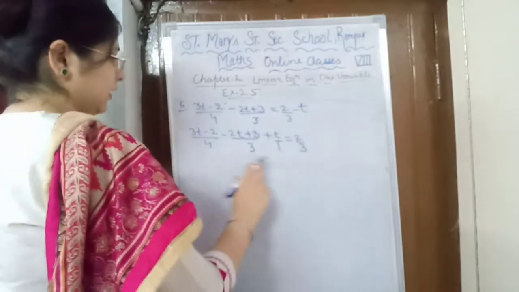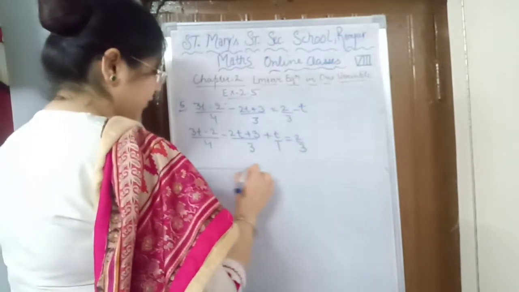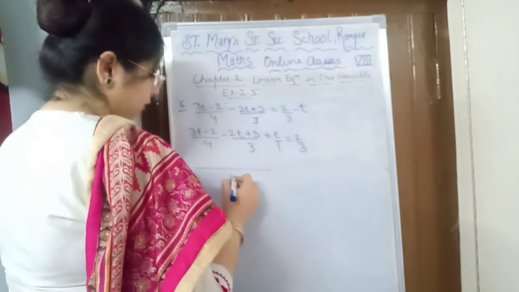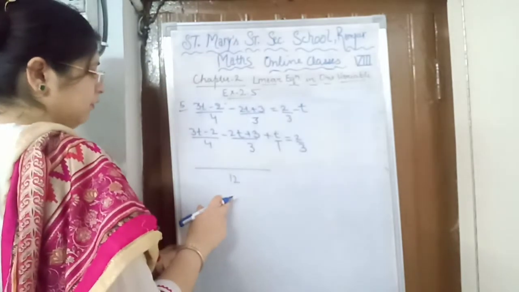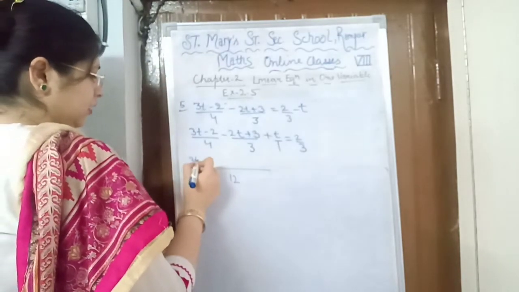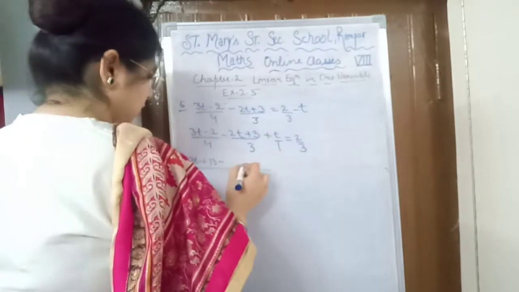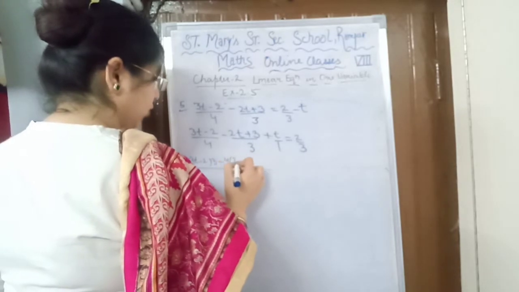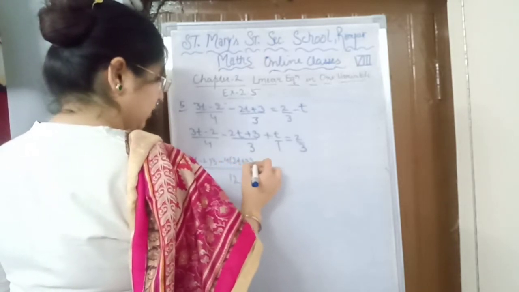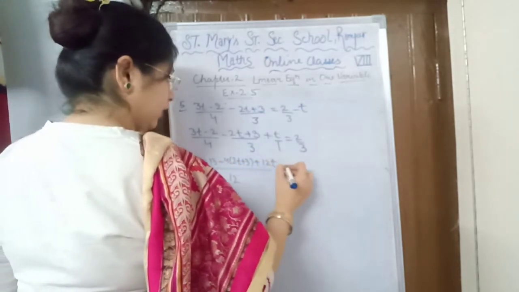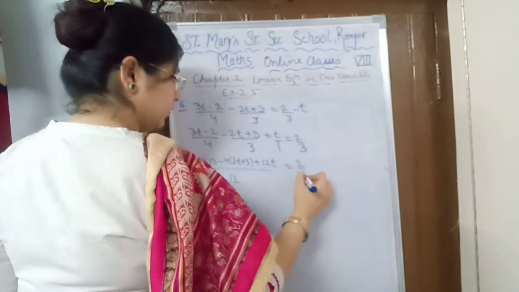Now take the LCM. LCM of 1, 3 and 4 will be 12. 4 3s are 12. So 3t minus 2 into 3 minus 3 4s are 12. 4 into 2t plus 3 plus 12t is equal to 2 upon 3.